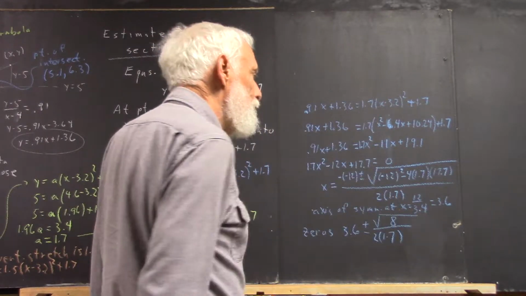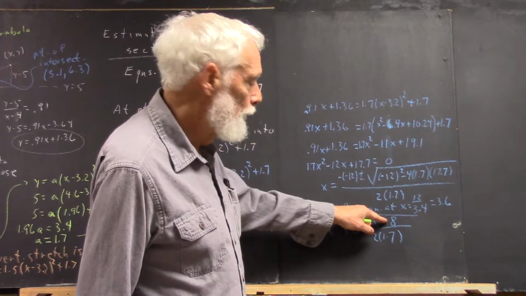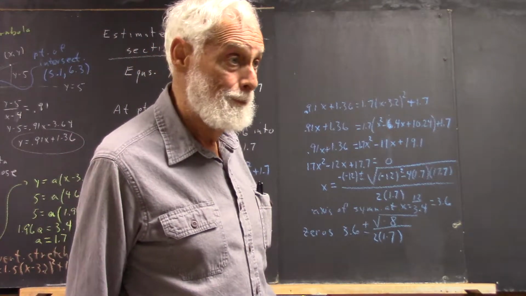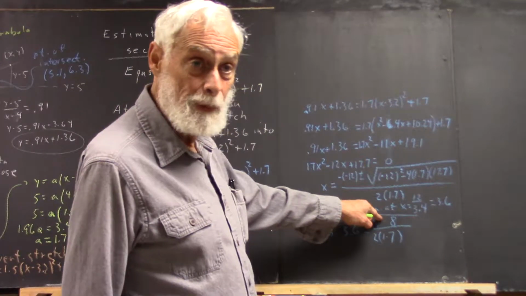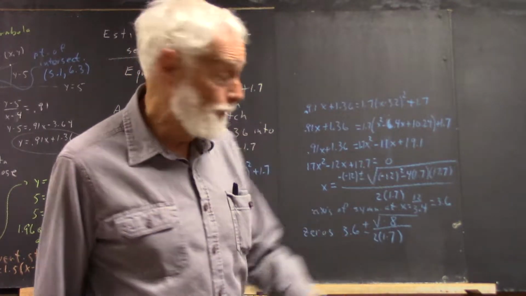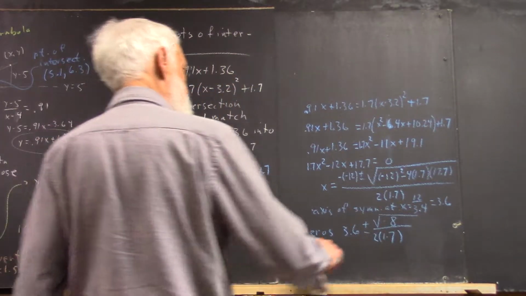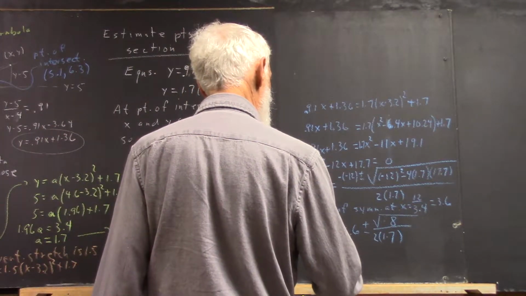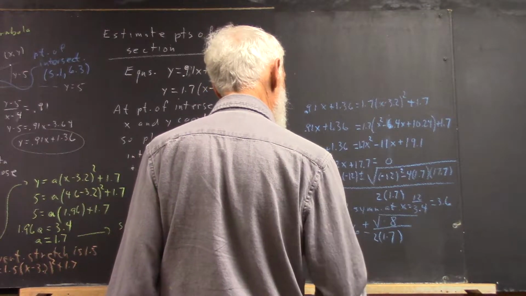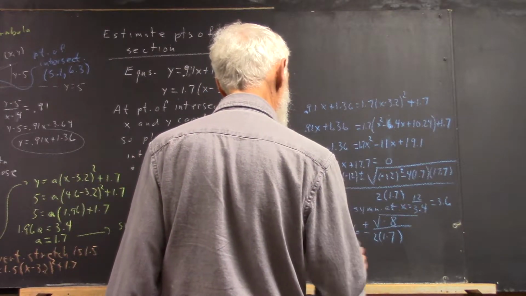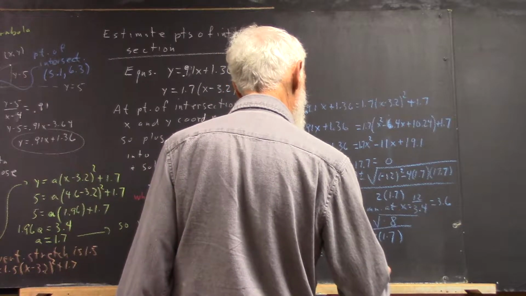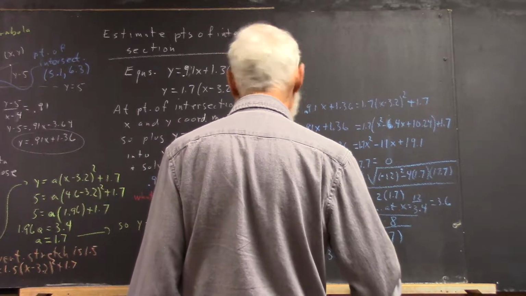Now, there's a lot of potential error in that approximation. Because 8 isn't that big a number, so if I'm off by 1, I'm off by a fairly large percent, even though I am taking the square root, which helps a little bit. But that equals 3.6 plus or minus 2.8 over 3.4.